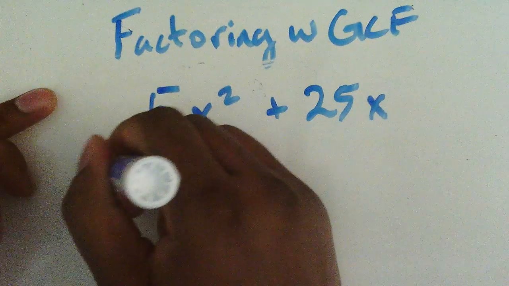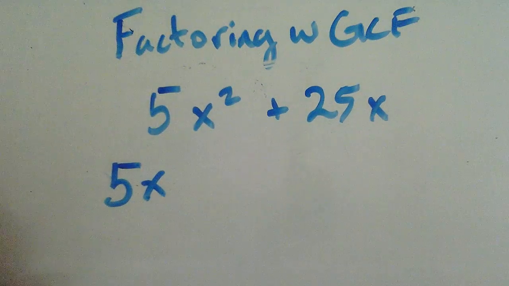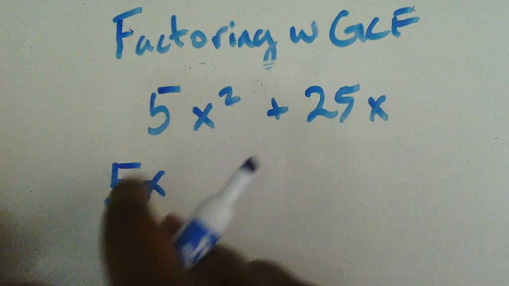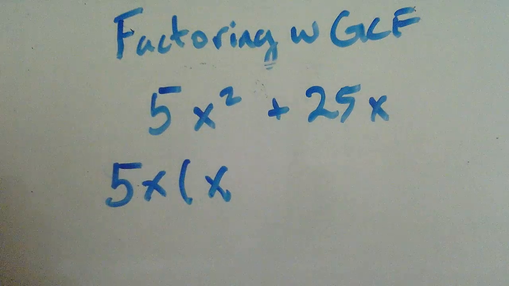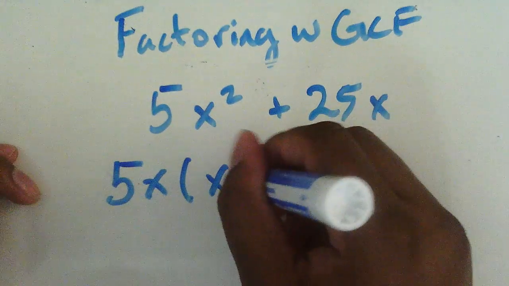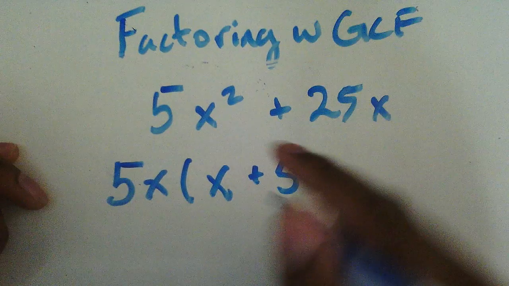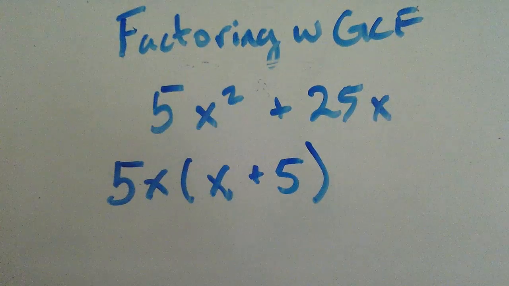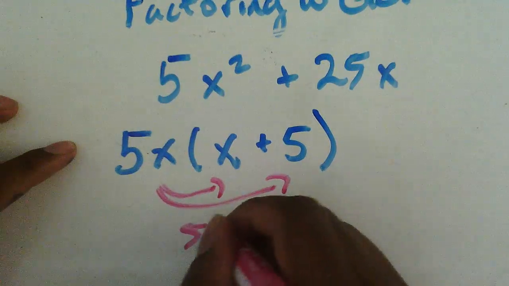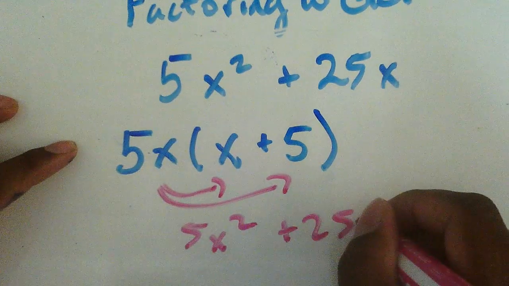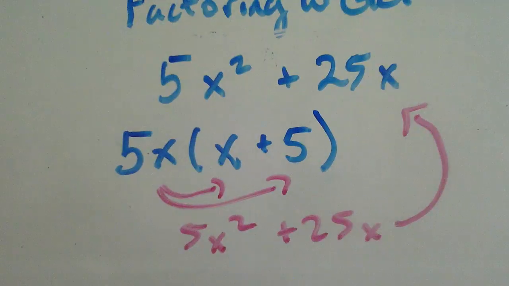So if I factor 5x out of this one, I'll be left with, well, the 5 comes out and x comes out, and I'm left with 1x. A 5 will come out of 25, that would be left with just 5. The x comes out, so I'm left with that. And we can just check by plugging it back in, which gives us 5x squared plus 25x indeed is the same as our original.